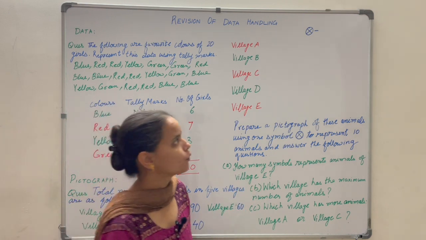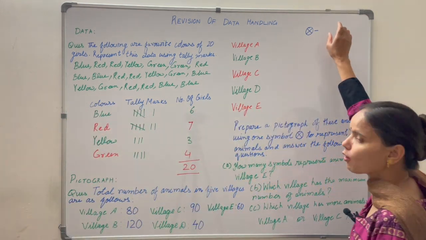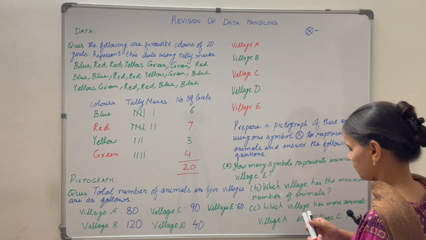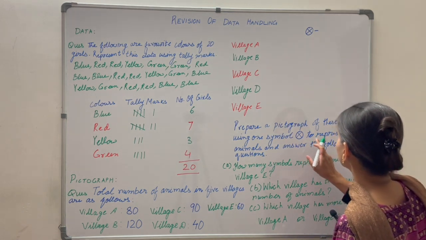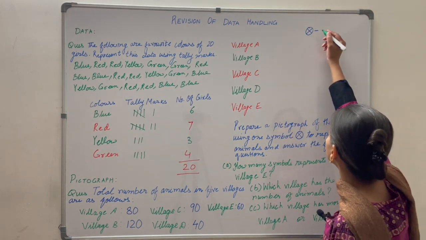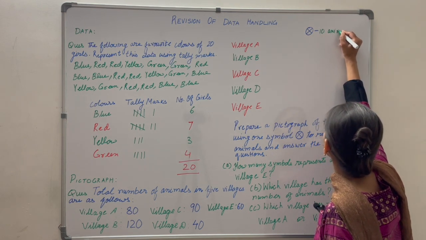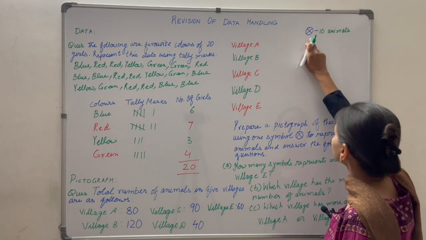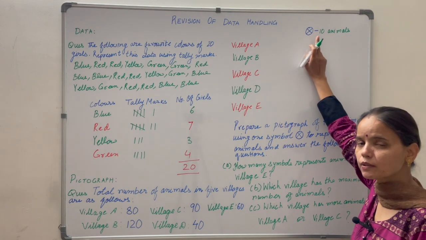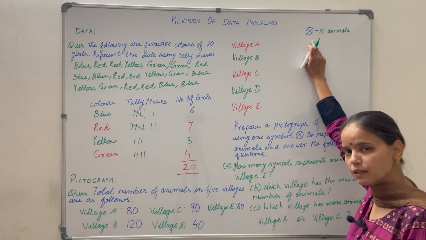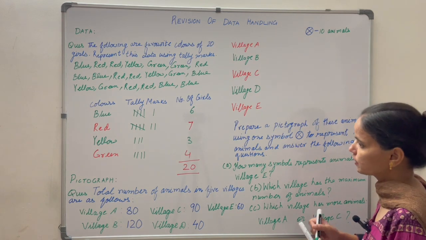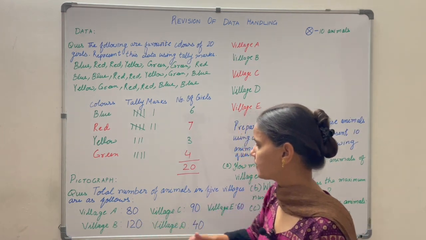So symbols we are going to represent it here in the top right hand side corner. So this symbol they told you to write it as 10 animals. So this represents 10 animals. So whenever this symbol appears, you will count the number of elements and animals as 10. So here village A 80.